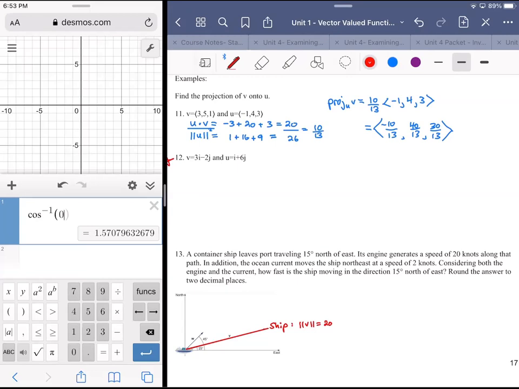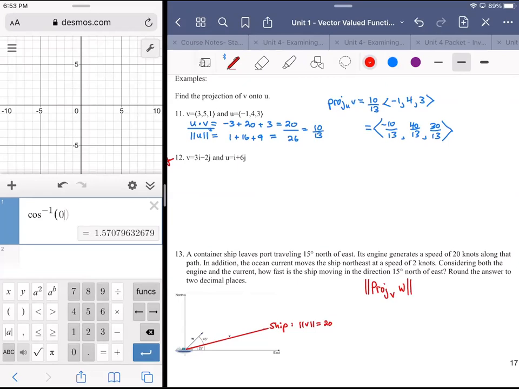So what we want to do, it appears anyway, is figure out the projection of W upon V. And then find that magnitude, because we need those numbers.